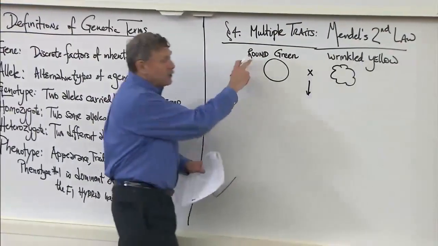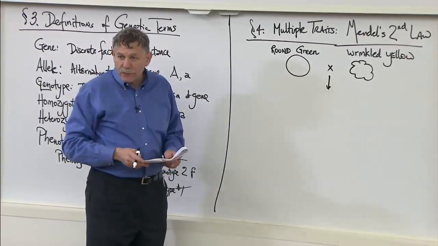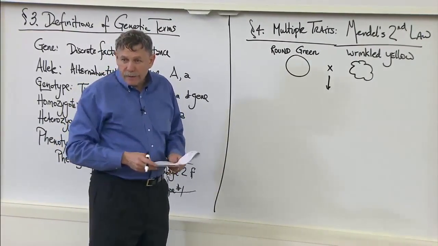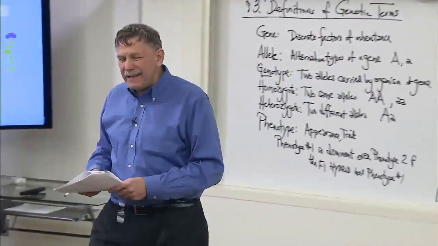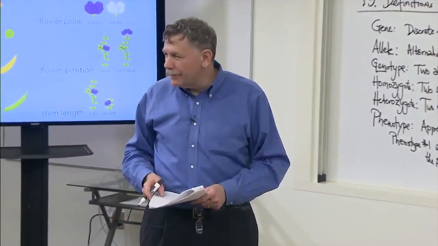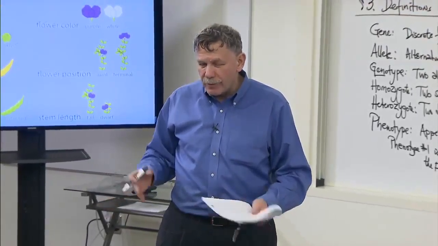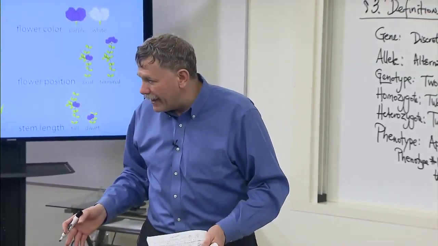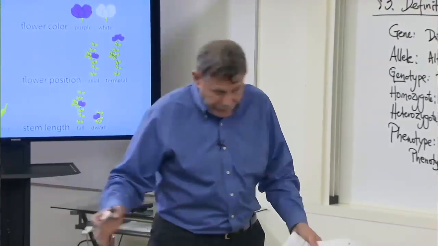So anyway, he took his round greens. What should we call the genotype here for round and green? Well, big A and B stopped working so well as terms because we'd like them to relate to the traits. So let's make up a new name for alleles. For round, how about R? For green, how about G?